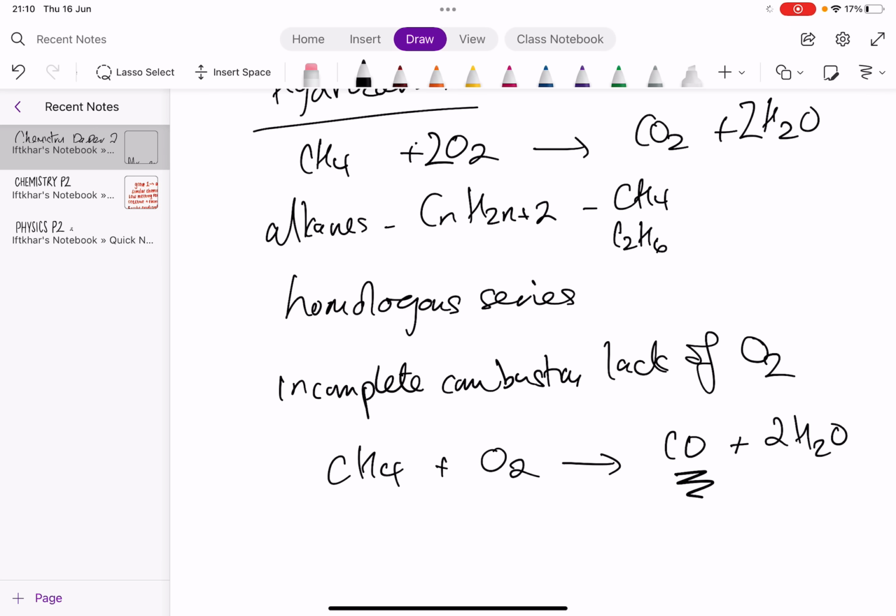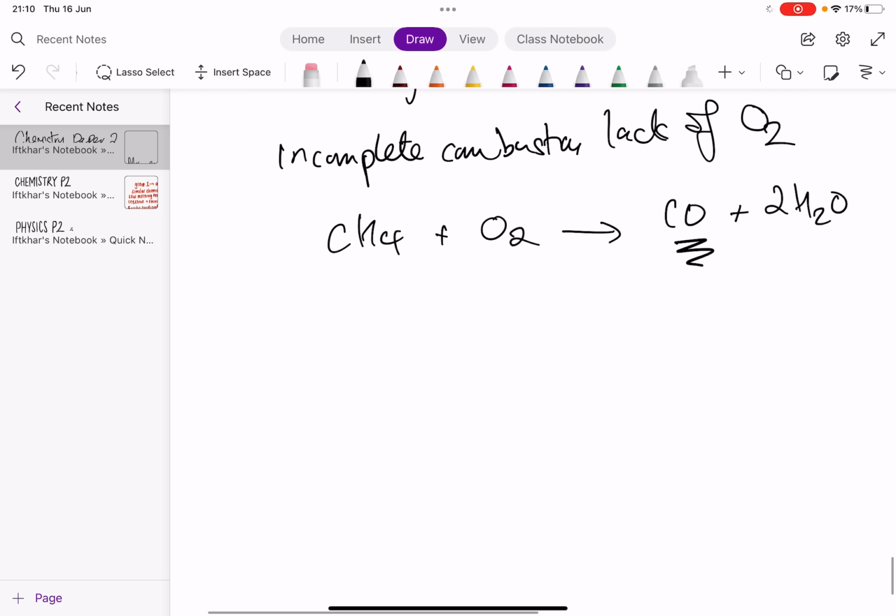Other problems with burning fuels is they release sulfur dioxide. Sulfur is naturally found in crude oil.